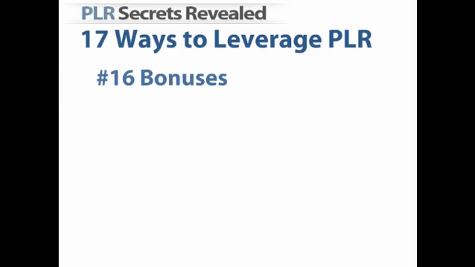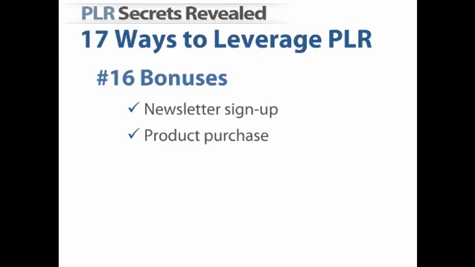Number 16 is bonuses. It can be for a newsletter sign up, when they join your list. It can be a bonus for a product purchase. It can be a bonus for an affiliate purchase. I love this. So if I have some information that I really feel is great bonus material, a great PLR, let's say that I've converted it into a multimedia product and I'm selling it right now for 97 bucks.